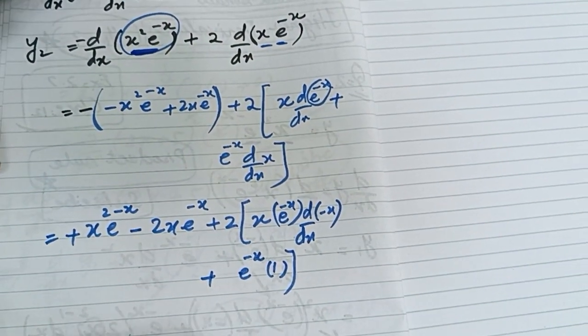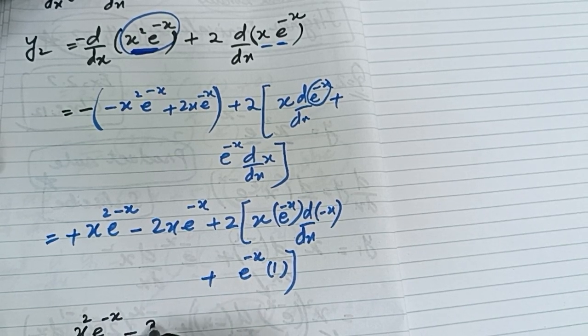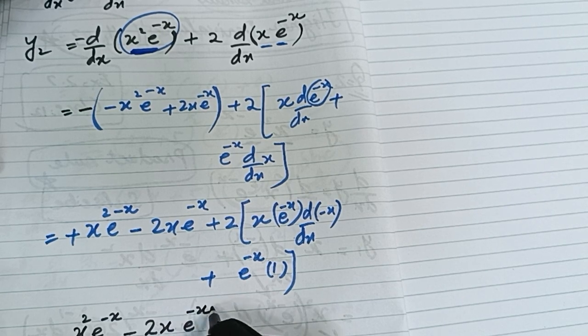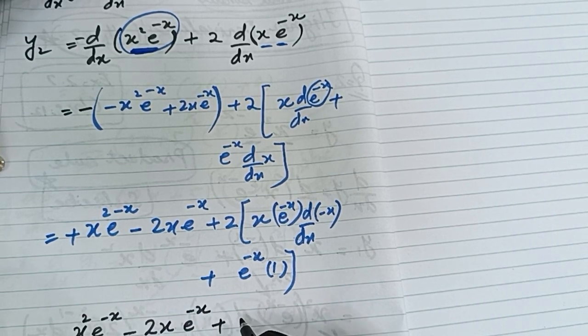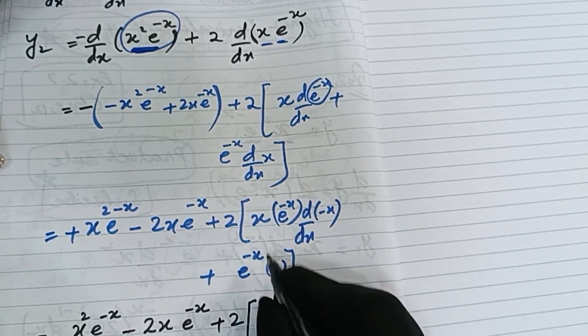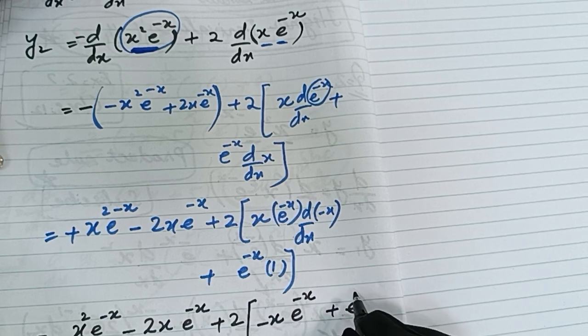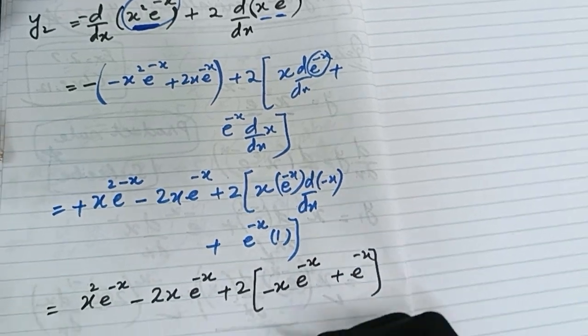So next is this line: x square e power minus x minus 2x e power minus x plus 2, its derivative is minus 1. So I can write minus x e power minus x and plus e power minus x.